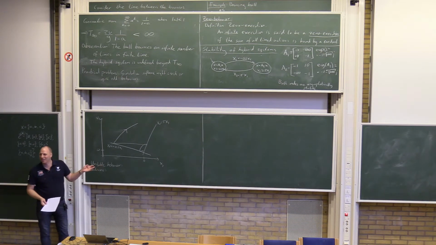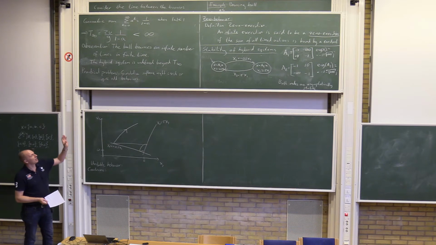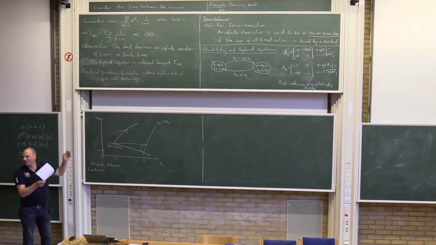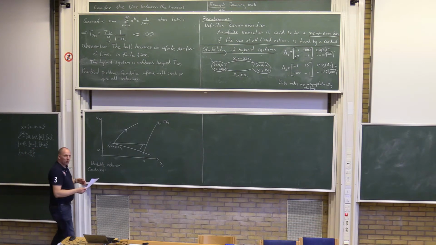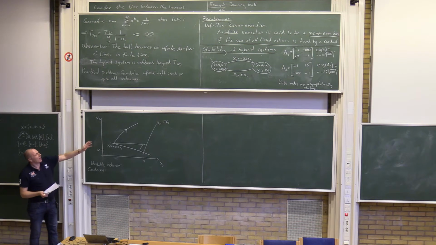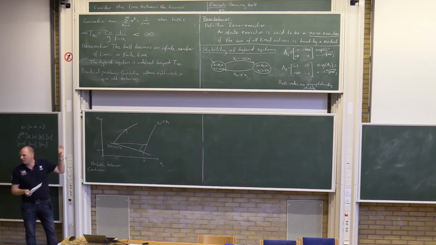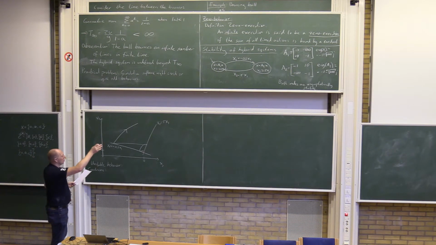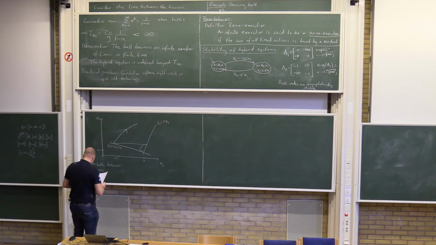On the other hand, the opposite thing might happen as well, that we are switching between unstable modes, and then the way we switch, the total system will become stable. So we can't really rely on analyzing the stability of the individual modes. We need to look at the interaction between the different modes and these switching surfaces.